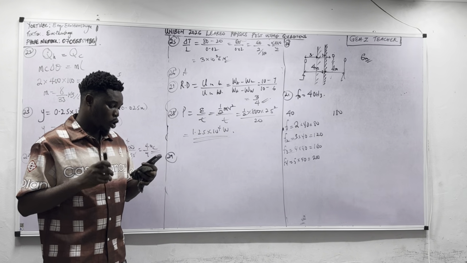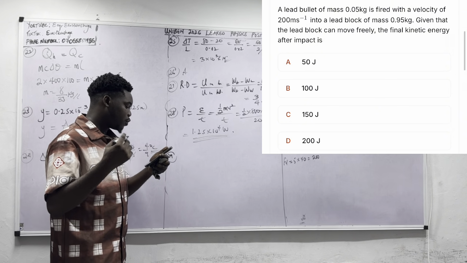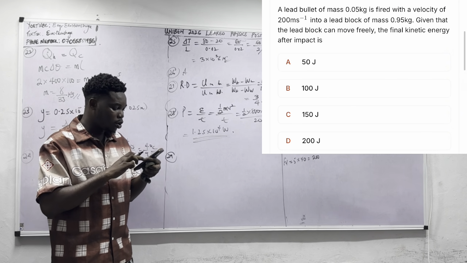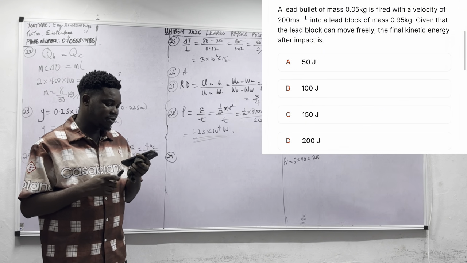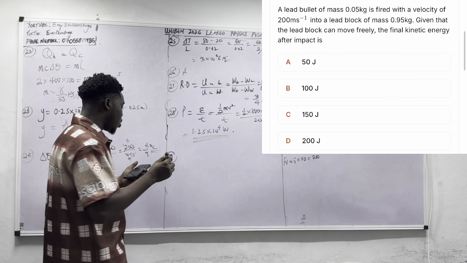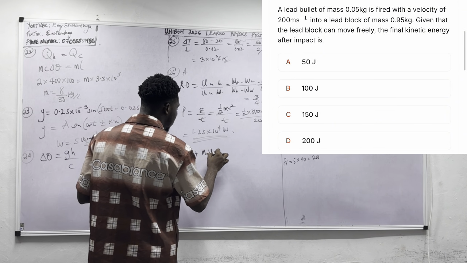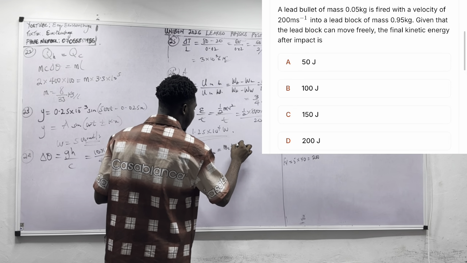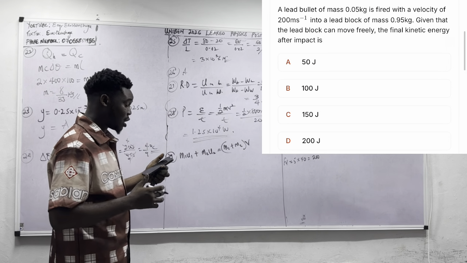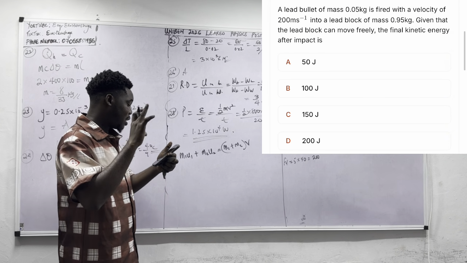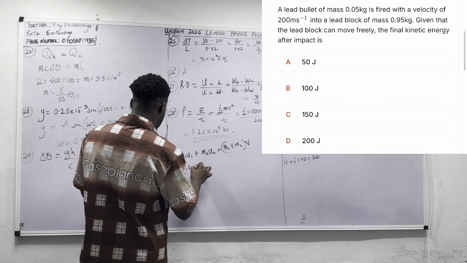Number 29 says a lead bullet of mass 0.05 kg fell with a velocity of 200 meters per second into a lead block of mass 0.95 kg. Given that the lead block can move freely, find the final kinetic energy. Now quickly recall, for momentum, m1u1 plus m2u2 equals m1 plus m2 times v for an inelastic collision. This question is actually inelastic, the bullet enters the block and stays there. So mass 1 was 0.05, velocity 1 was 200.